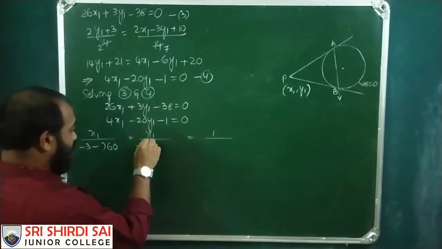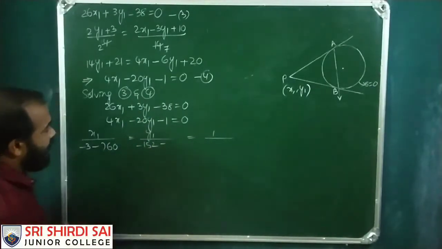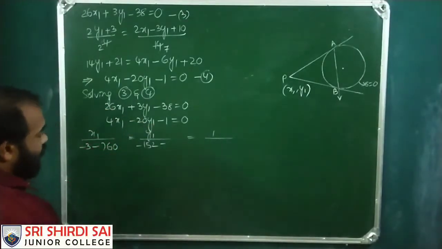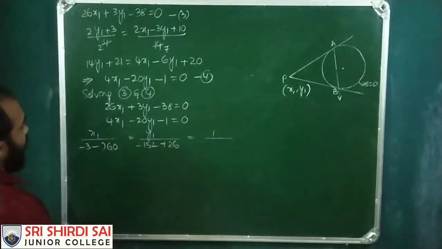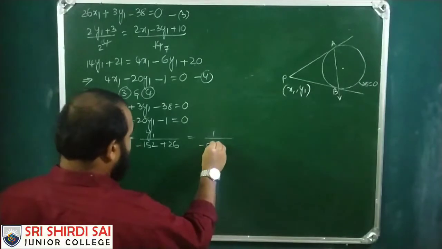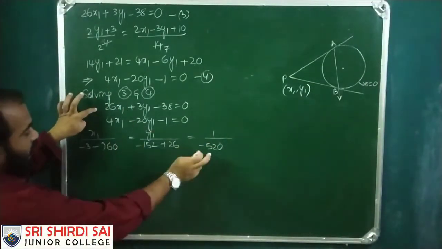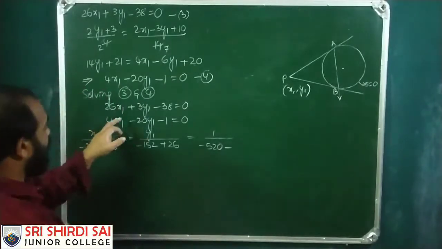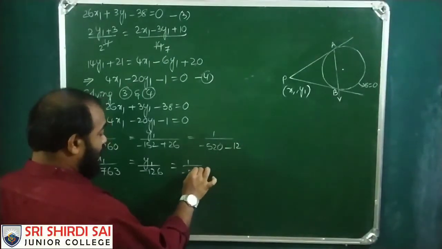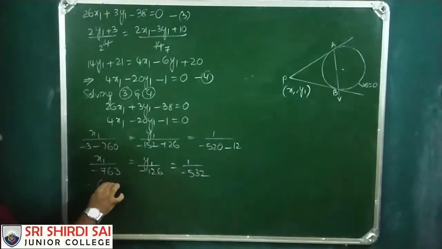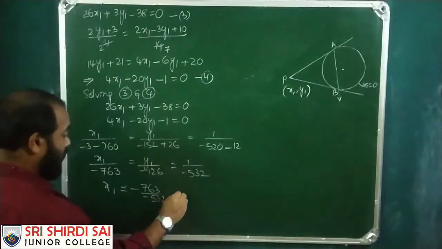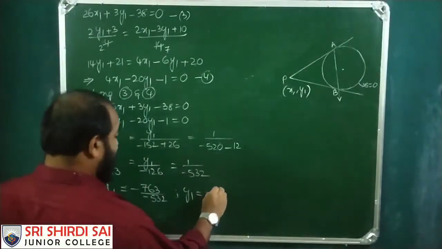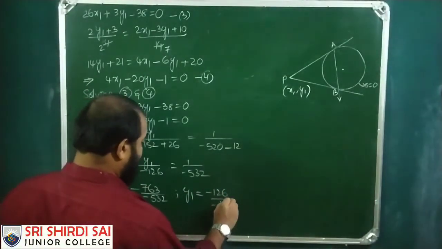152, so minus 152 minus 26 into minus 1, so plus 26. 1 by, so 26 into minus 20 is minus 520, minus 4 3s are 12, minus 532. Therefore x1 comma y1, x1 is equals to minus 763 by minus 532, y1 is equals to minus 126 by minus 532.